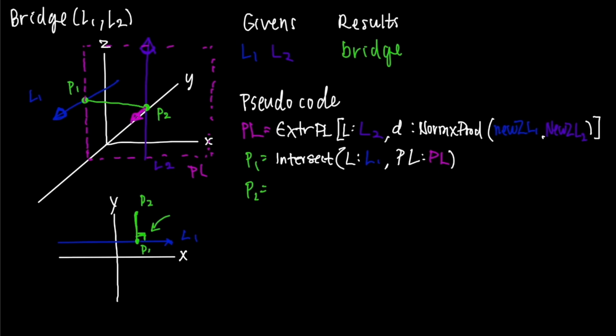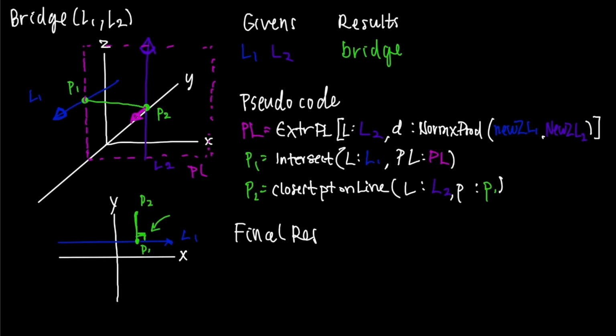We have already constructed a module for finding the closest point on a line. For P2, we will simply use that module inputting P1 in line 2. Our final result will be the bridge, a line segment defined by P1 and P2.